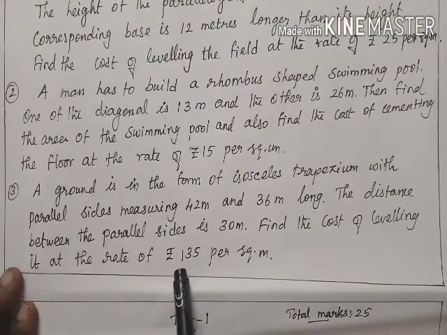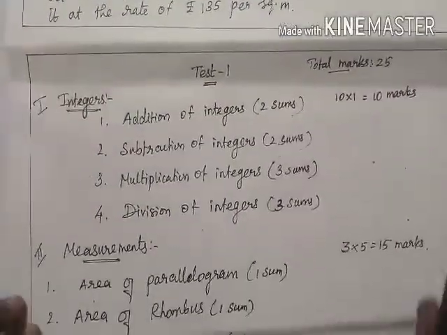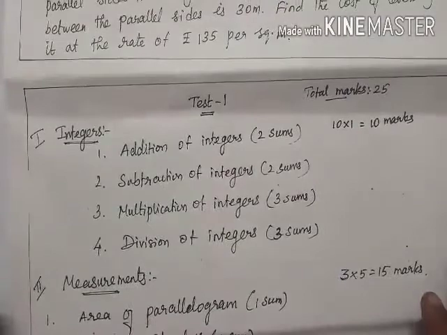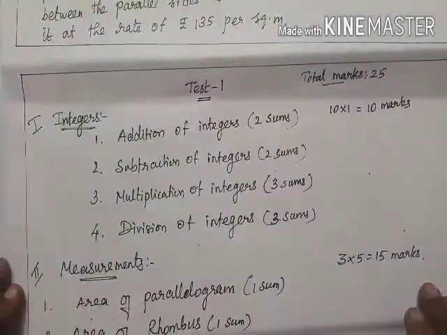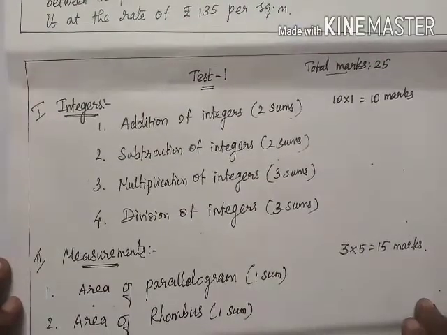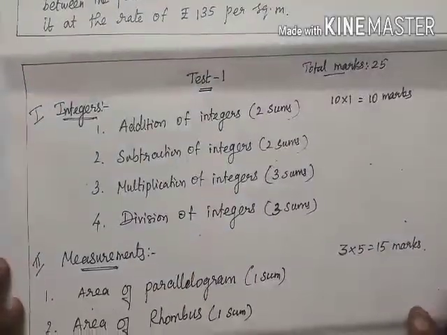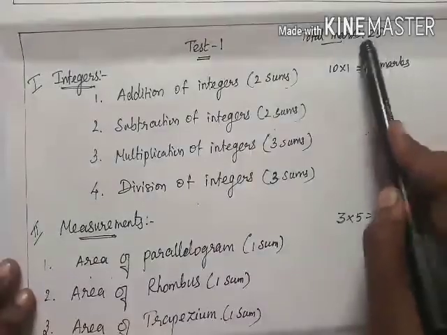Right? Okay? Now, this evening, we are going to write one test in these 2 units. Already I taught integers and now measurements is going to get over. So in these 2 exercises, you are going to write one test for 25 marks.